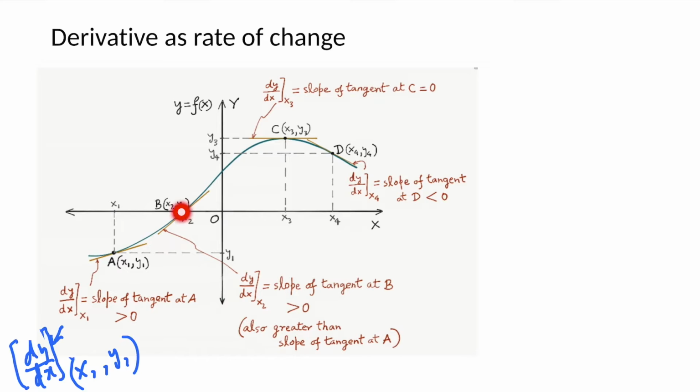At x2 we have this point B, where the function happens to cross the x-axis.